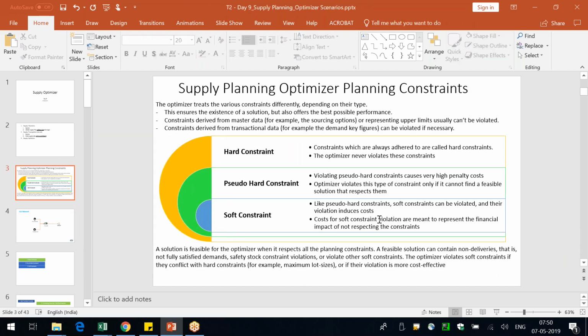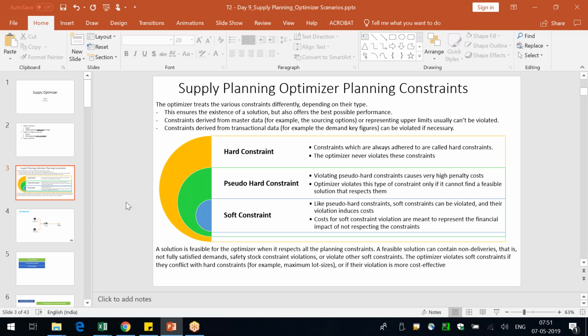Hard constraint, the system always respects them, and never violates them, and it gives the solution as per the hard constraint. The pseudo hard gets high penalty costs, but still it tries to adhere to them. But if it is clashing with the hard constraint, it will not respect it. Soft constraints are also based on cost, and the higher the cost, the higher the adherence.